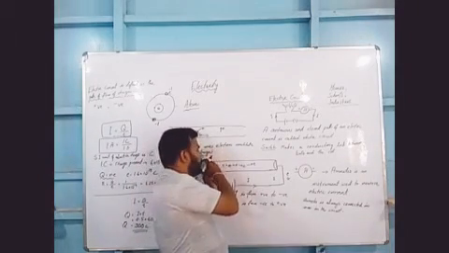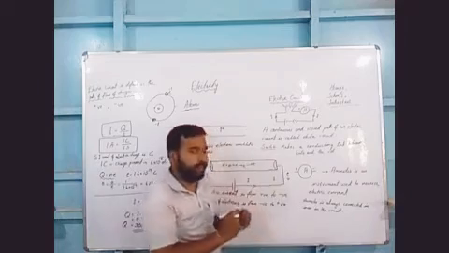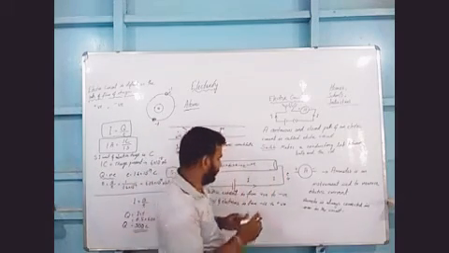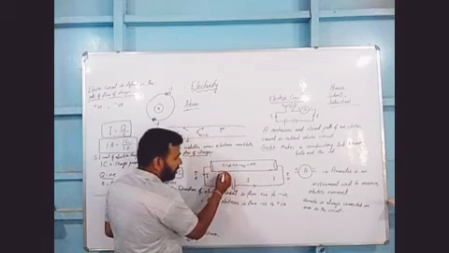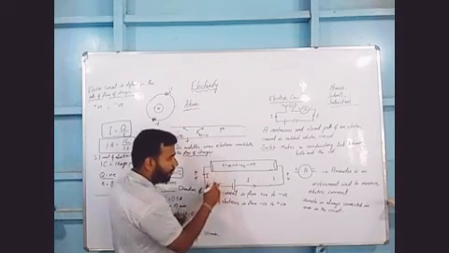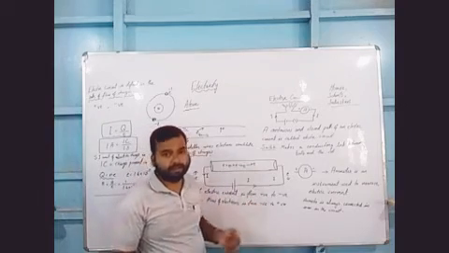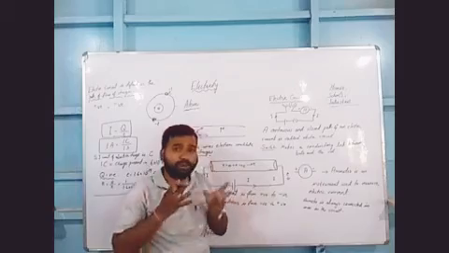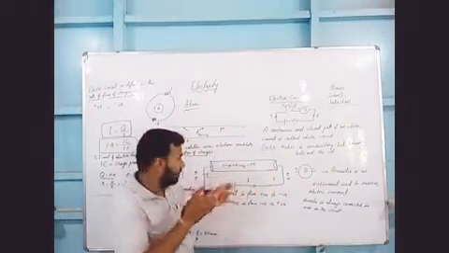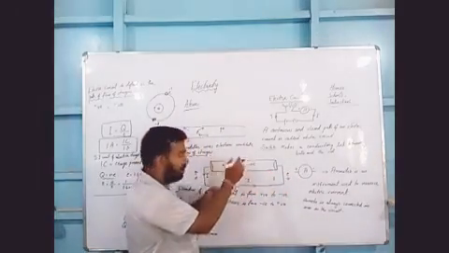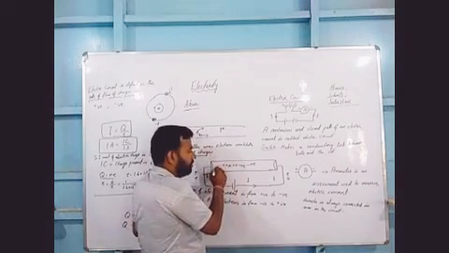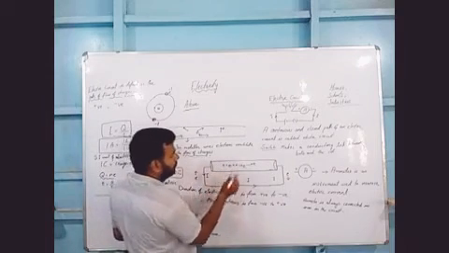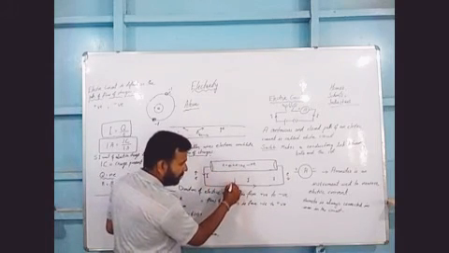Similarly, if electrons want to move from one end of the metallic conductor to another end, we need to apply a potential difference across the ends of the conductor, or give some energy, or do some work. Then only will these electrons move from one point to another.